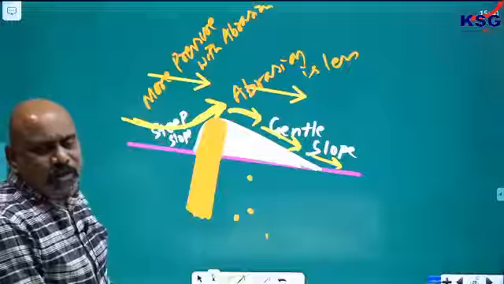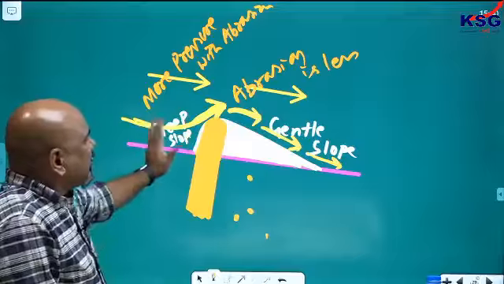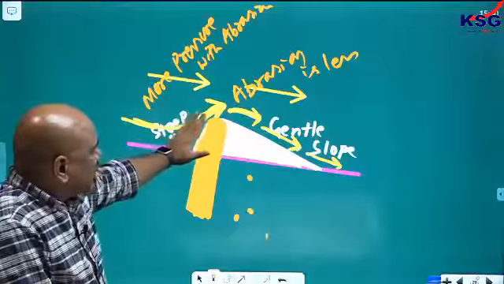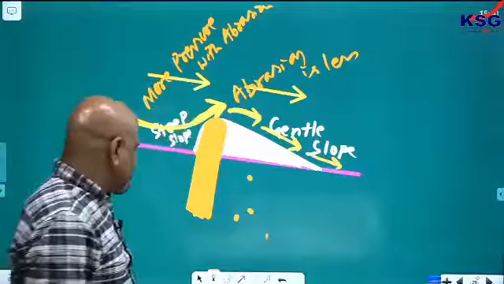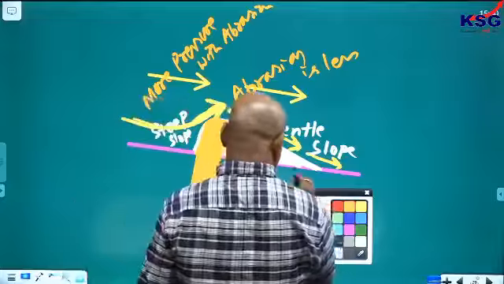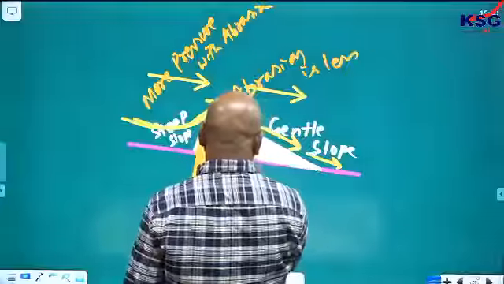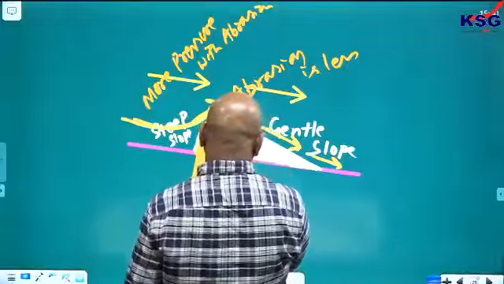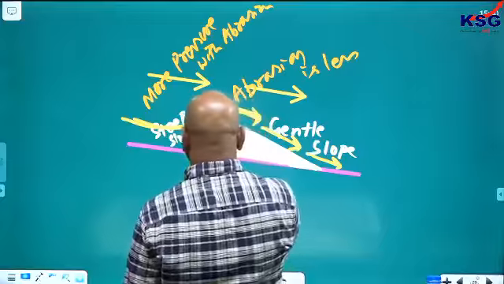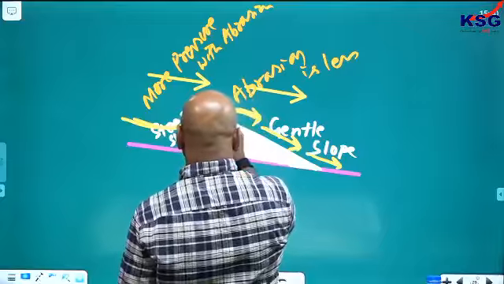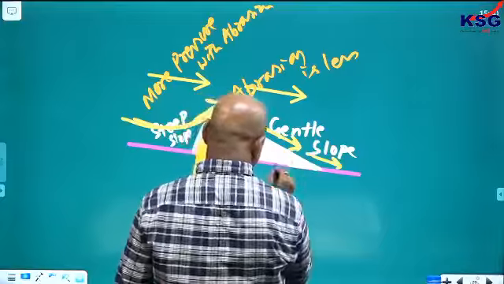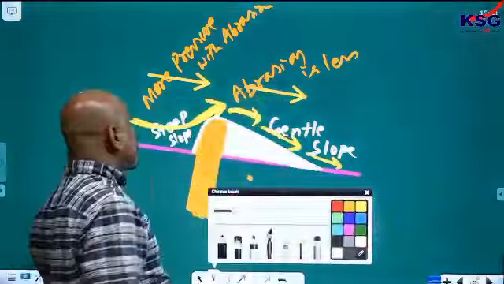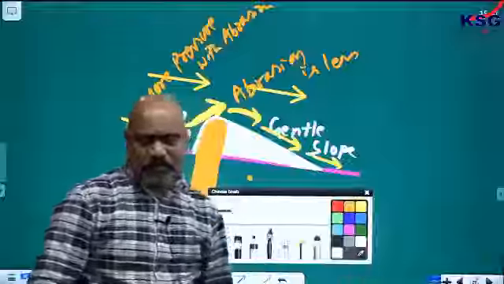So differential erosion will take place between the front and the back. More erosion in the front side, and less erosion towards the back. Again I am saying, more erosion in the front and less erosion on the back side.